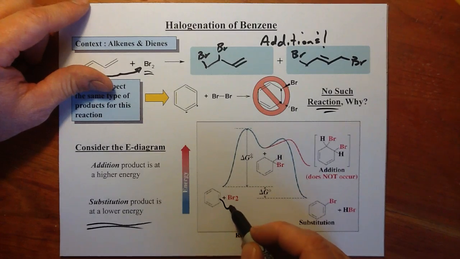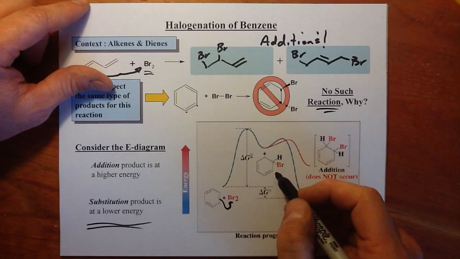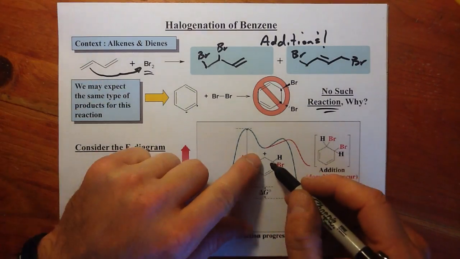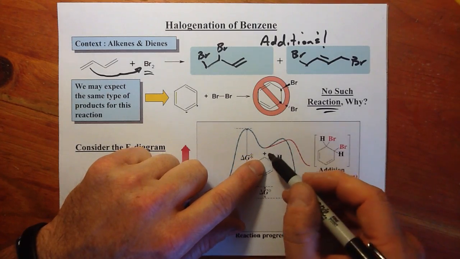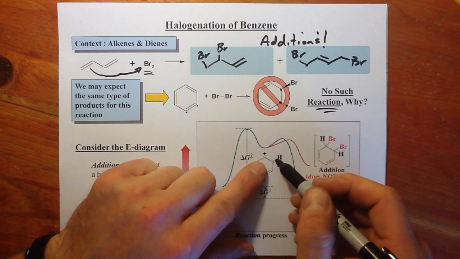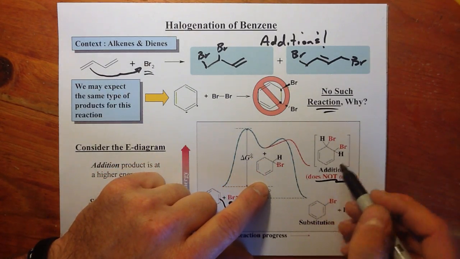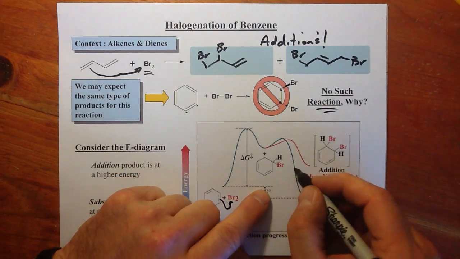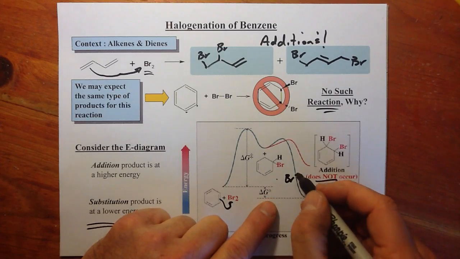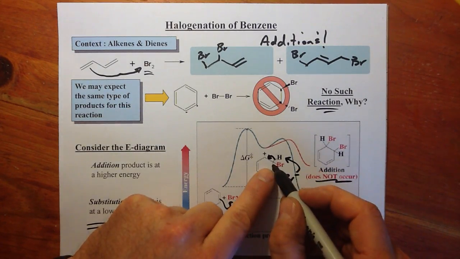So we still attack, we make what we said is a sigma complex, and the positive charge here is not going to be directly satisfied. We're not going to have another bromine come in and attack this like we did up here in these addition reactions. No, that would give us a high energy addition product. What we have to have happen is the bromide, or the AlBr4 minus, comes in and attacks the proton at the sp3 carbon.